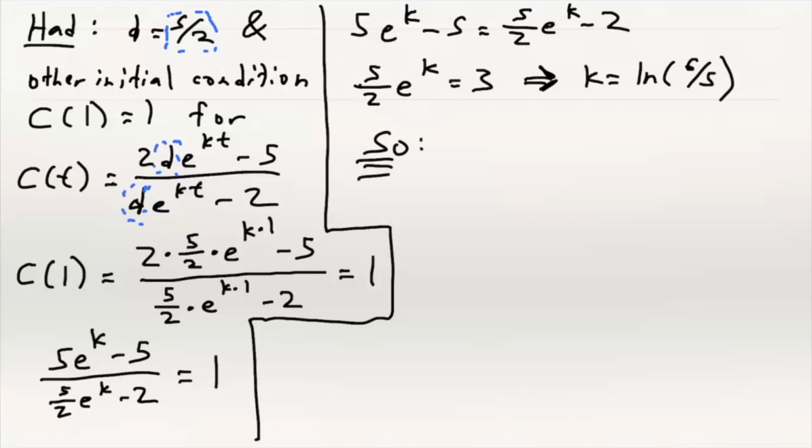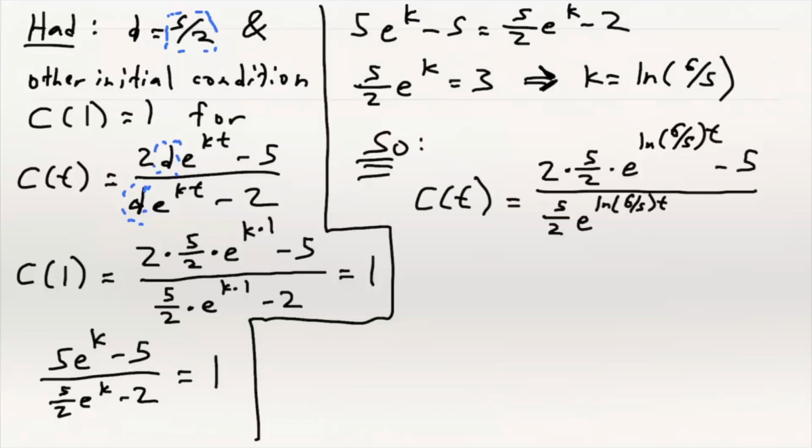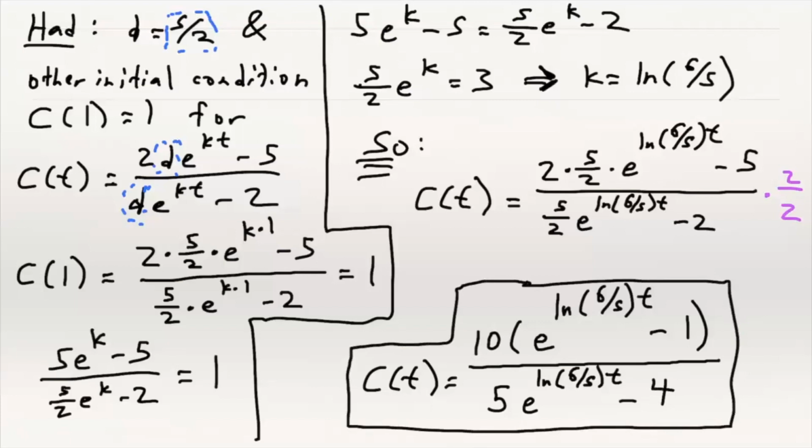So we are finally done. We have got that the amount of chemical C that has formed at a given time t is this. Let's multiply this by 2/2, just to eliminate fractions inside fractions. And also let's factor out the 10. And we finally have an equation for the amount of C that has formed as a function of time.